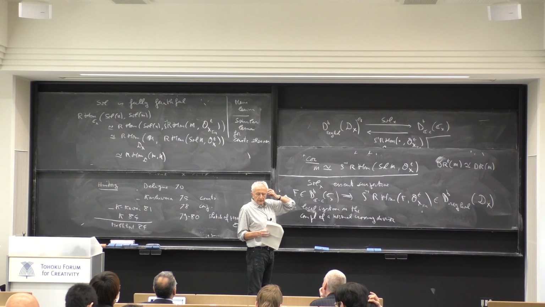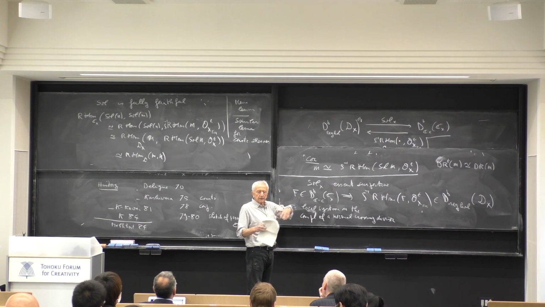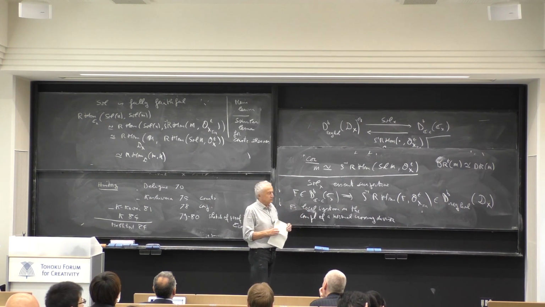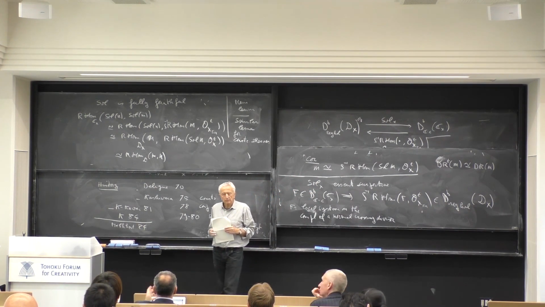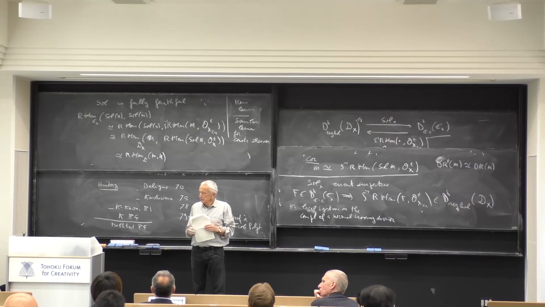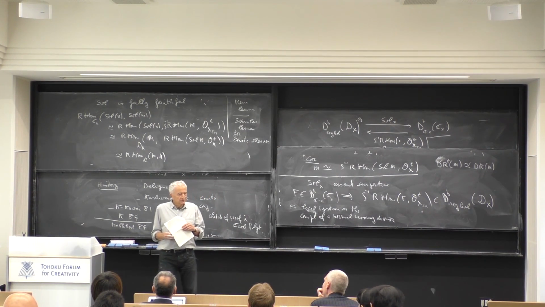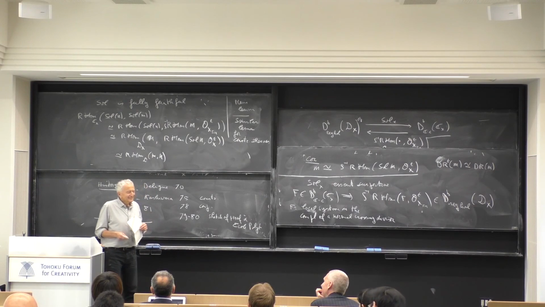Okay? It's not purely formal, saying if this is true, and so on. Here we have an explicit inverse functor. The proof is correct. I guess I've never read it, but I'm sure. Okay.